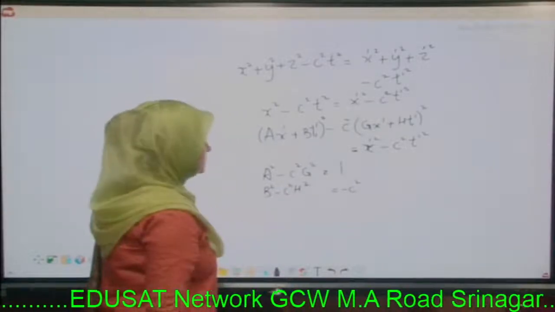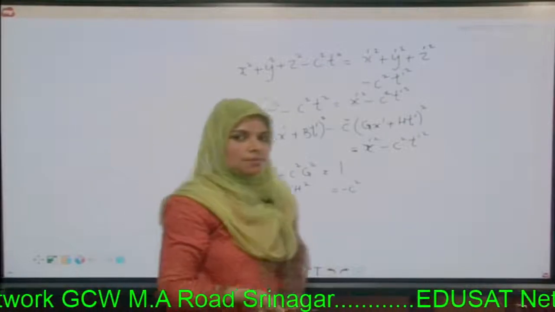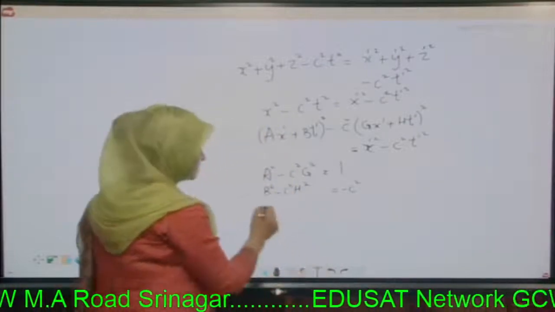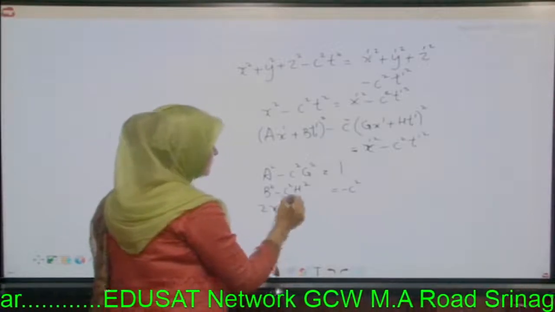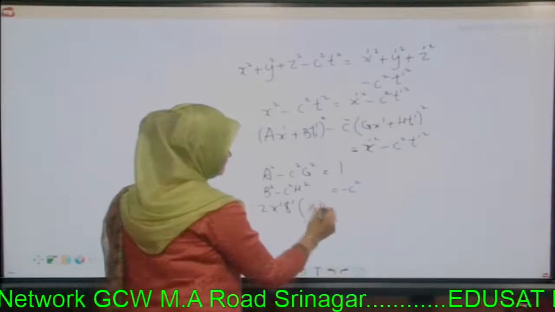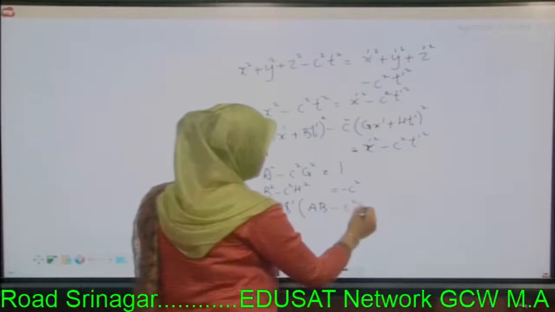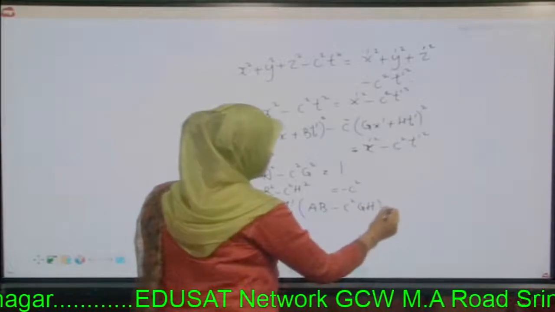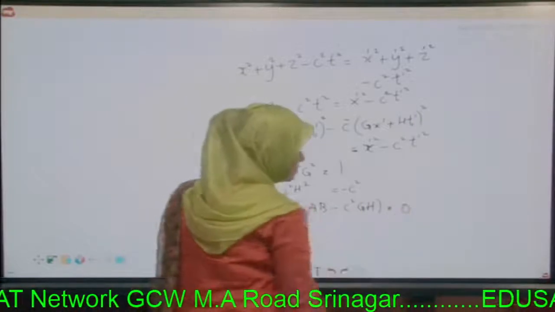And then, because it is an (a plus b) whole square formula, there will also be a factor of twice x't', and inside we are left with ab minus c square gh. And because we don't have a term identical to this on the right side, the coefficient is 0.